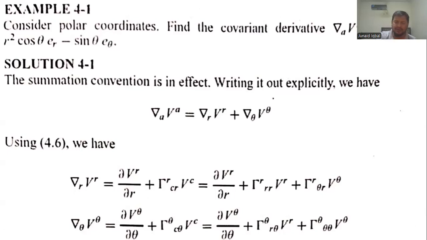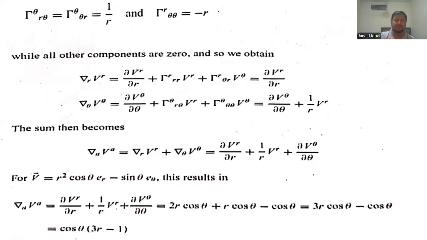In spherical polar coordinates, ds square is dr square plus r square d theta square. In these cases, the Christoffel symbols are given by these equations. We substitute their values into the covariant derivatives of V r with respect to r and V theta with respect to theta. Finally, we obtain the covariant derivative of V a with respect to a.